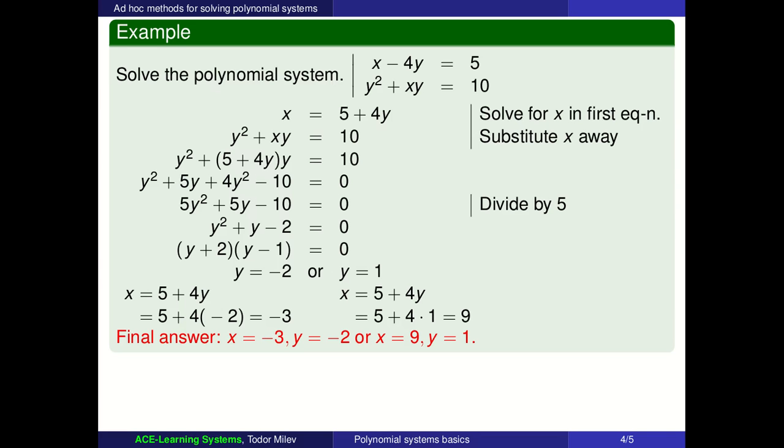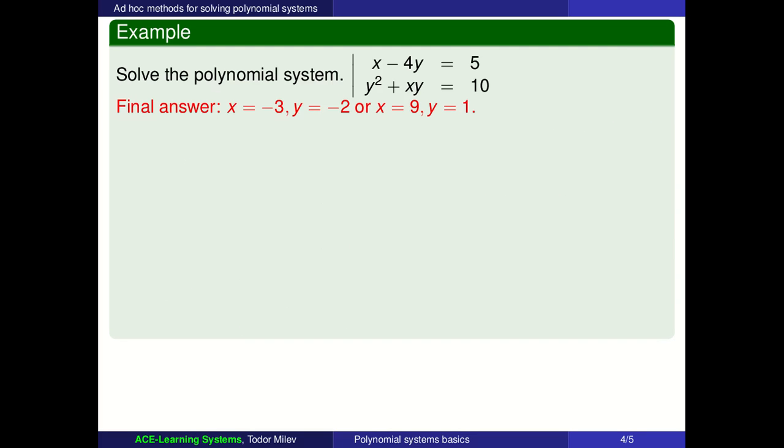Now that we have our final answer, let us very quickly check our work. So here's our final answer: x equals -3, y equal to -2, or x equals 9, y equals 1. Okay, so let's check the first one. Let's check x equal to -3, y equal to -2. So I have copied the first polynomial here, x minus 4y, and the second polynomial there.